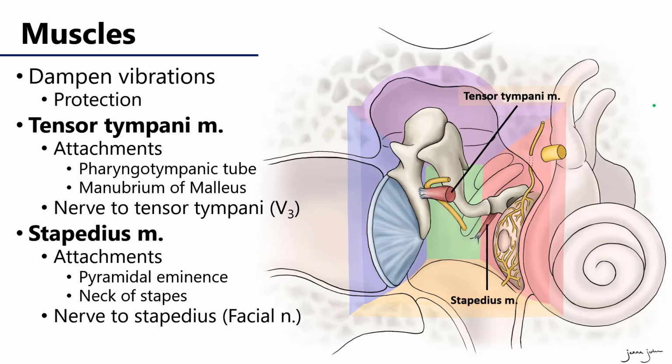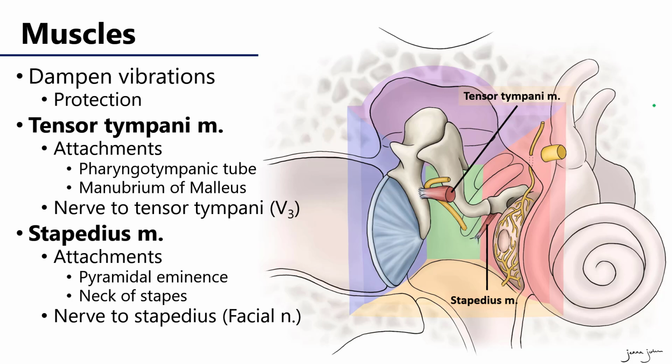There are also skeletal muscles which are associated with these ossicles. Their role is to help dampen vibrations so as to protect the inner ear from too strong a vibration. And there are two. The first is the tensor tympani muscle.